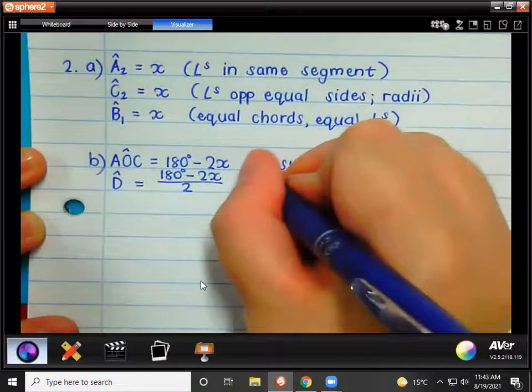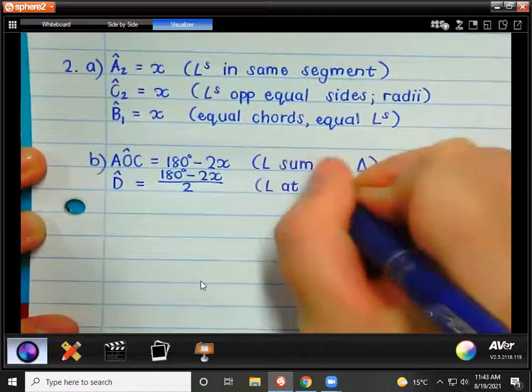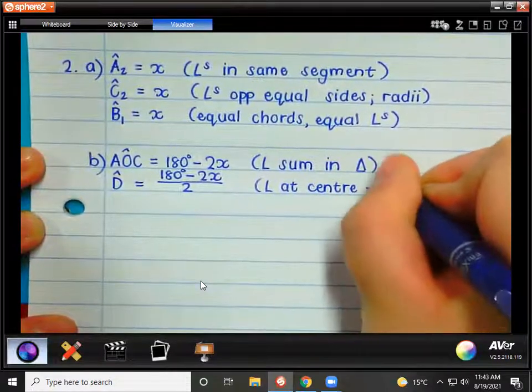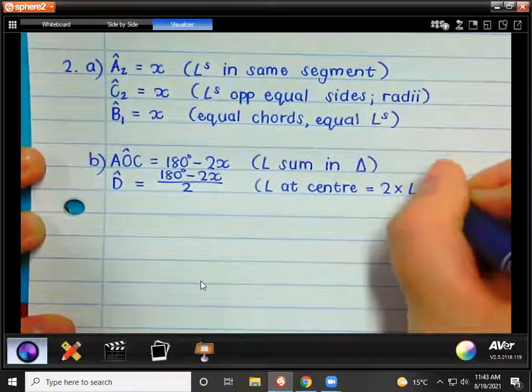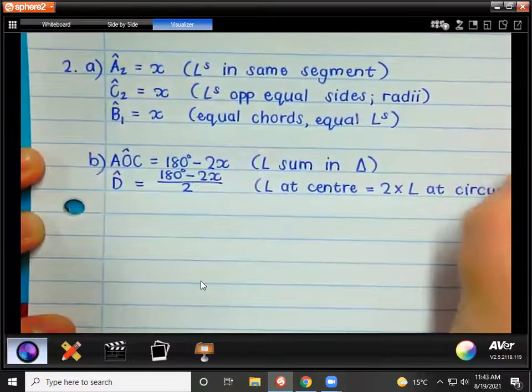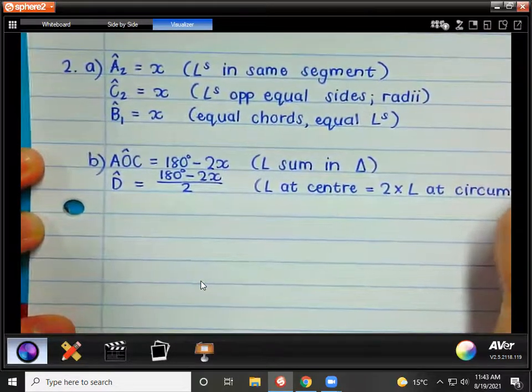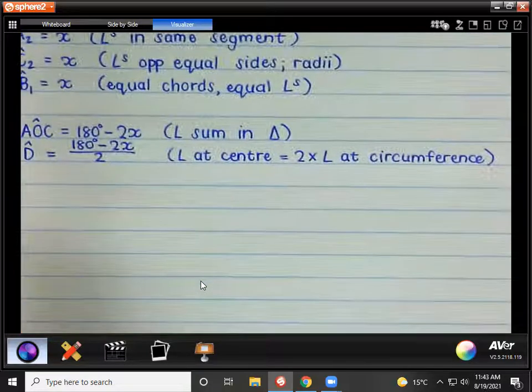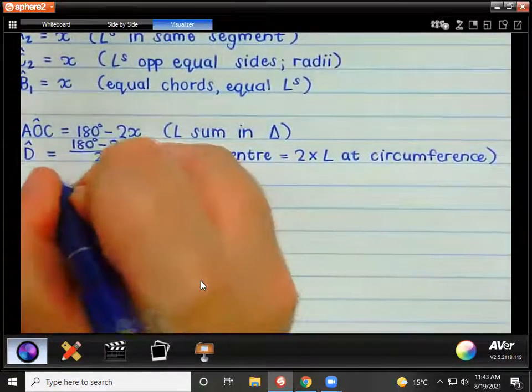The reason is angle at center equals 2 times angle at circumference. And now we must just simplify that.